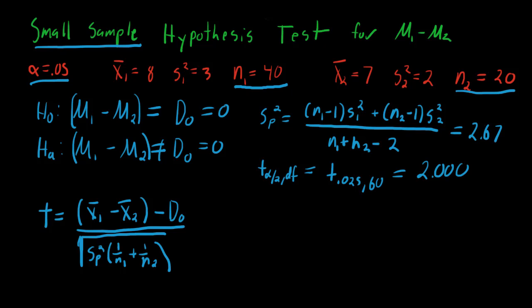Now plugging in all these values, we get 1 minus 0, since we have 8 minus 7 for x1 bar minus x2 bar, minus 0, so we get 1 minus 0.